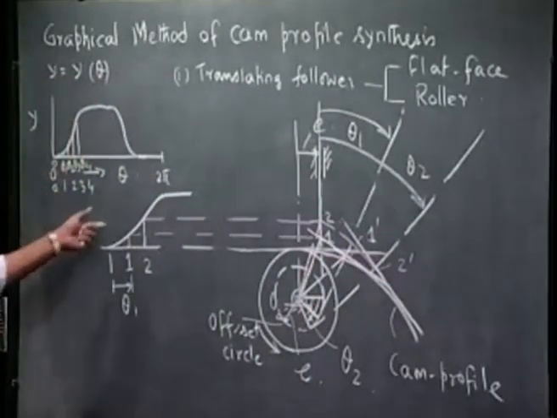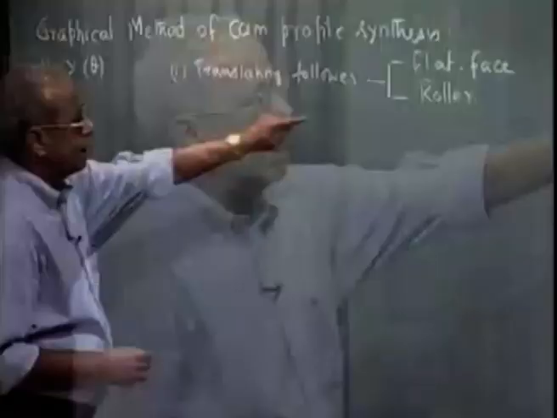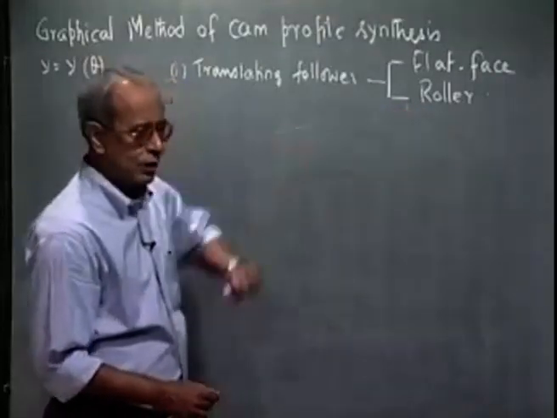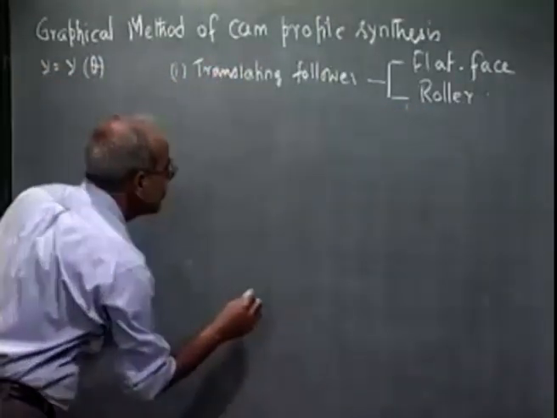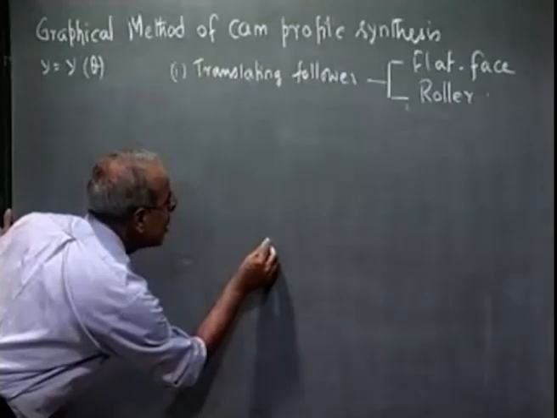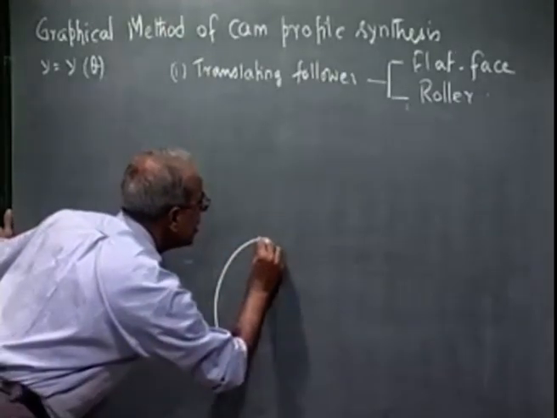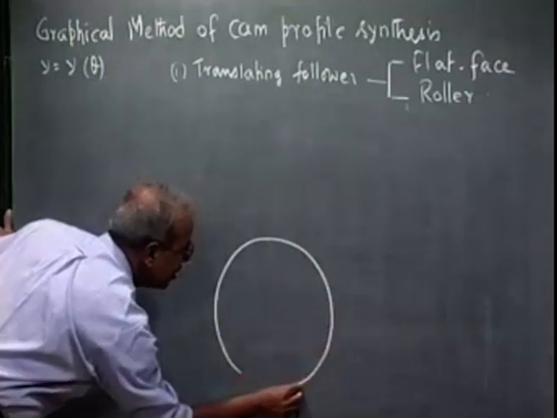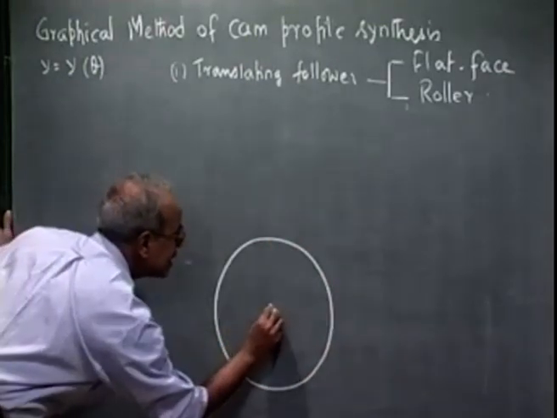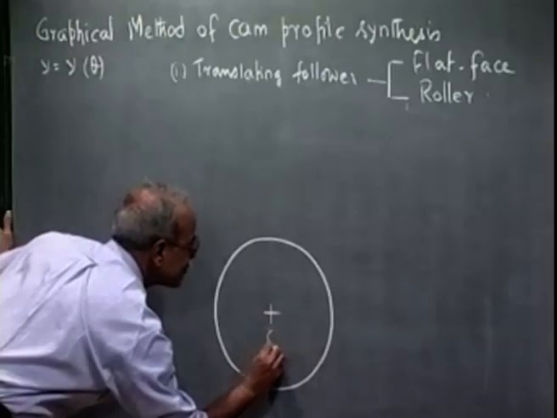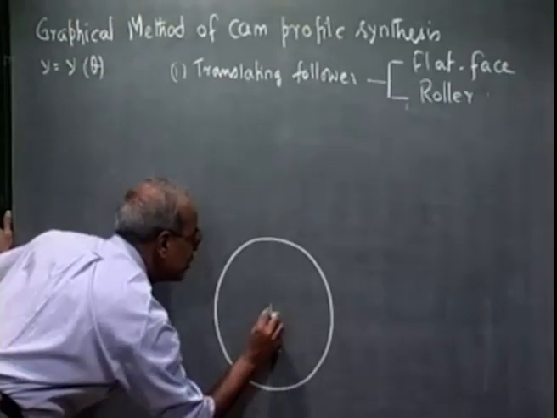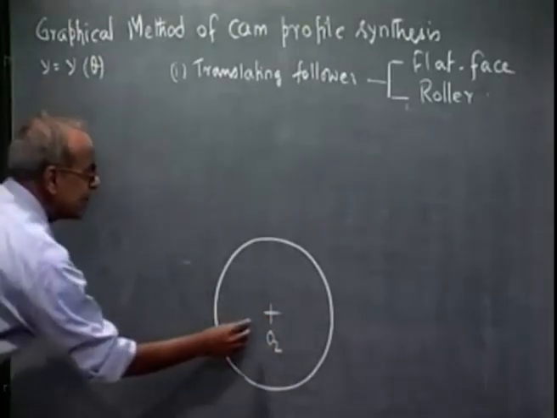Next, I will take up a roller follower, but translating. Let me now explain the graphical method for a translating roller follower. For the roller follower, first let me draw the prime circle. This is the cam center O2 and this is the prime circle.